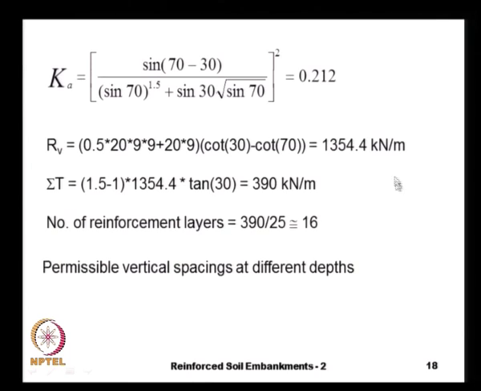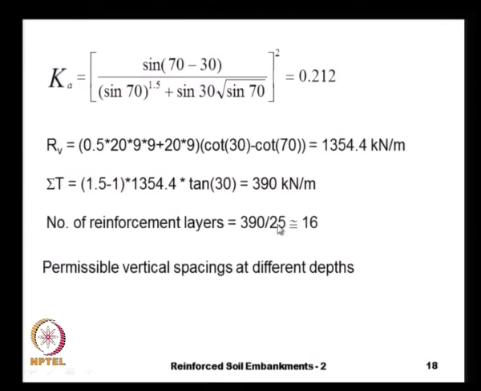If we substitute this, our sigma of T, that is the sum total of our reinforcement forces, comes out as 390 kilonewtons per meter, and our number of reinforcement layers is 390 by 25, that is approximately 16.